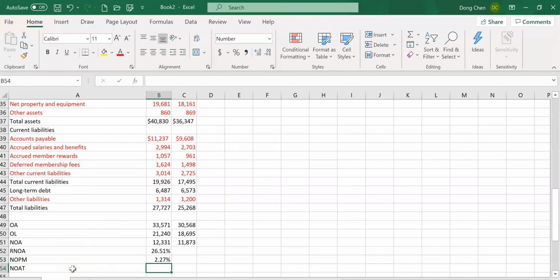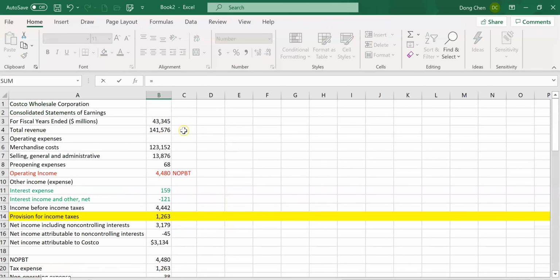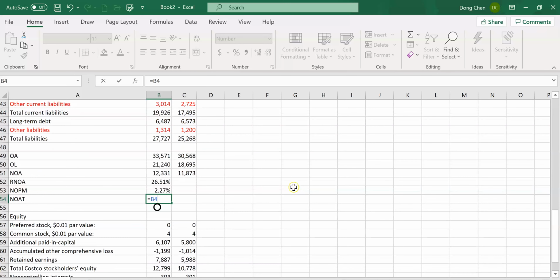And NOAT, net operating asset turnover, this is defined to be sales. Sales is right here, divided by the average level of these 2 NOA. Again, if you don't add a layer of parentheses, Excel will do the two divisions sequentially, but that's not what we intend.